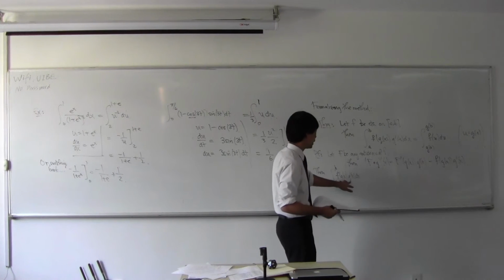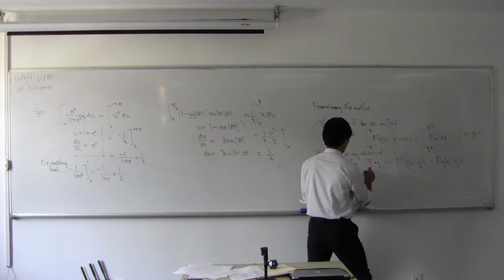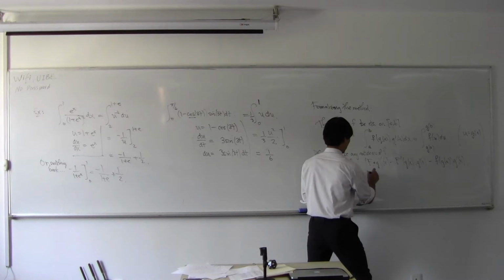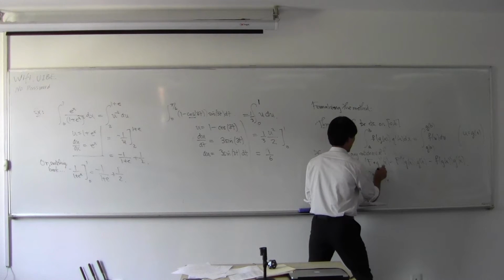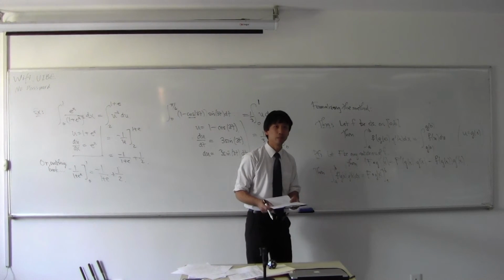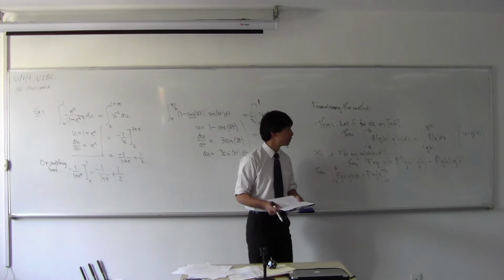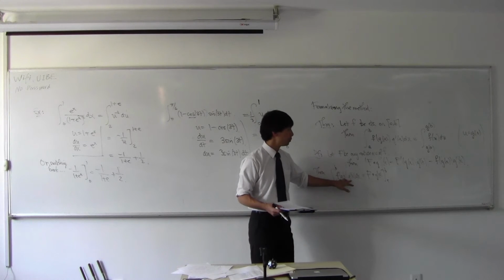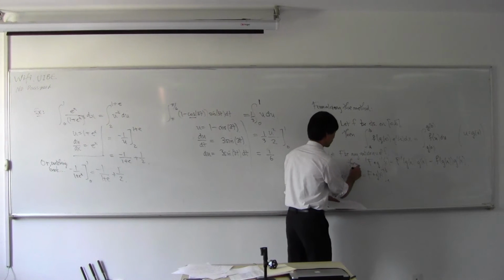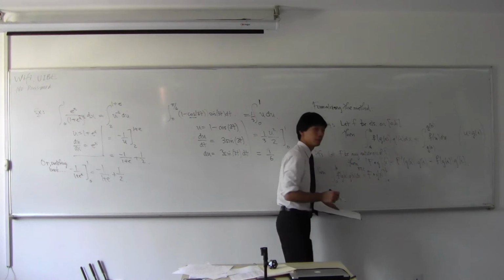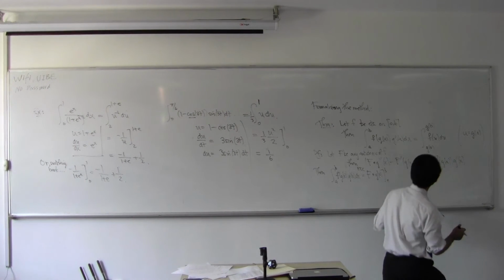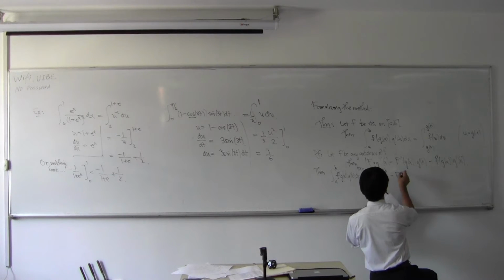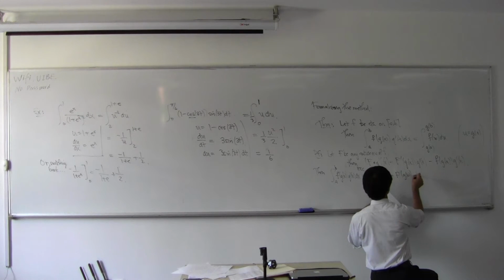Right? Okay, but then this is going to be the antiderivative between a and b, by the Fundamental Theorem of Calculus, which is F(g(b)) minus F(g(a)).